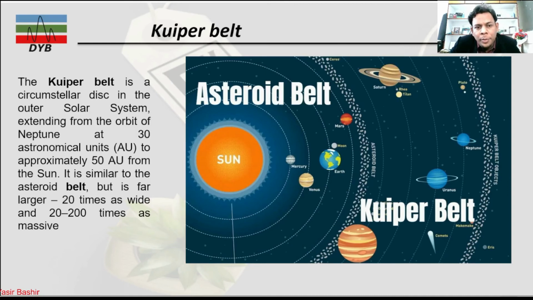It is similar to the asteroid belt, but far larger, 20 times as wide and 20 to 200 times as massive.